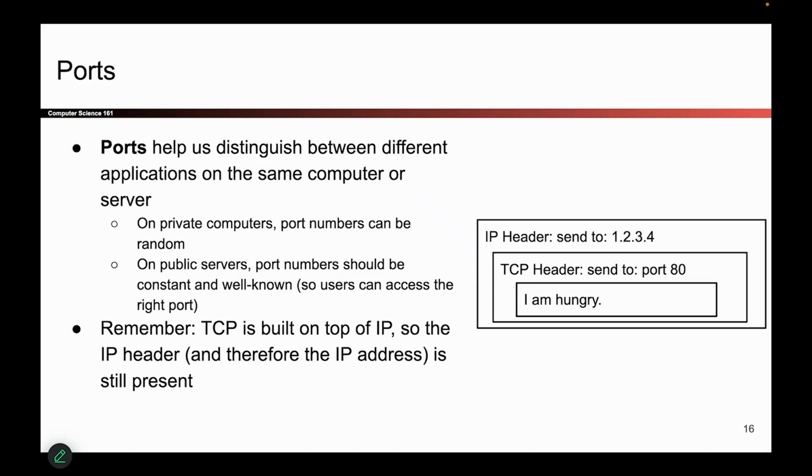So what does pen pal and mail have to do with actual ports in computers? Well, it turns out the same idea of room numbers basically applies to computers as well. So let's say that I have a computer with multiple programs or applications running.